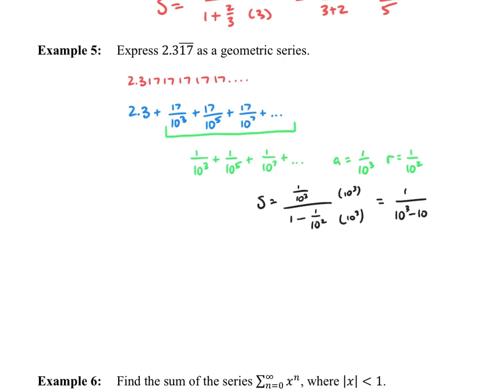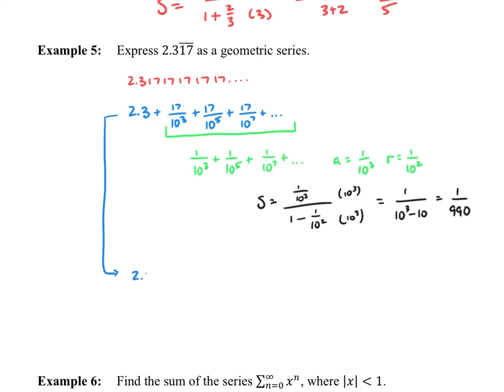So I'm just simplifying by multiplying this through like that. Okay, 1,000 minus 10 is going to be 990. So we have 1 over 990, and that's representative of the repetition, the geometric series portion of this number.